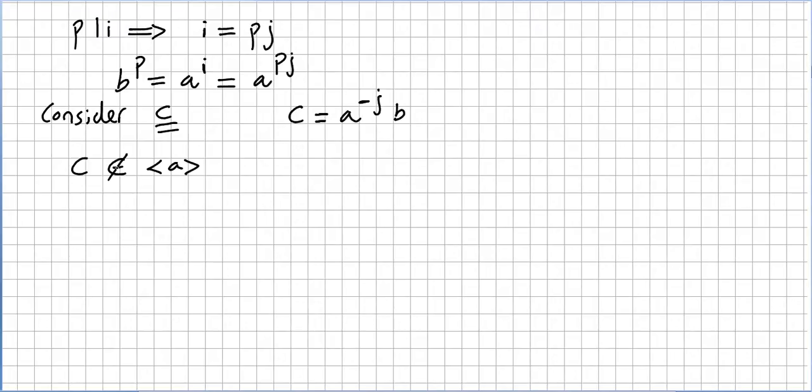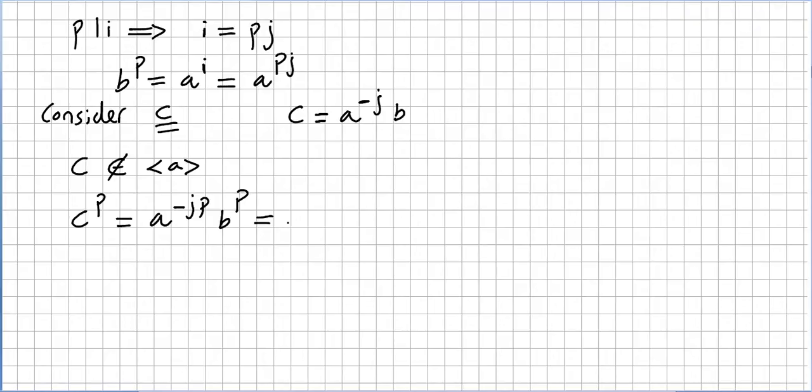So here we are going to do the same. C to the power of P is going to be equal to A, we said, minus J B, right? Minus J P, okay, B to the power of P, that's what we used up there, right?